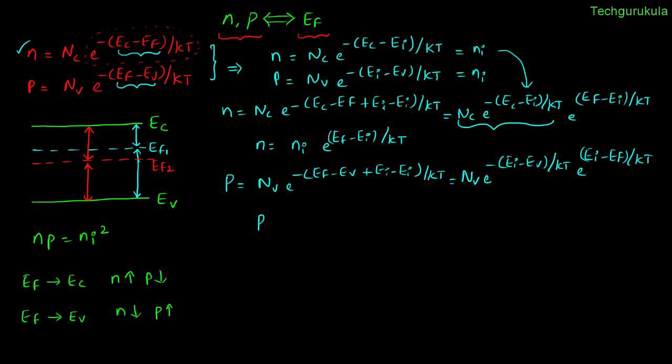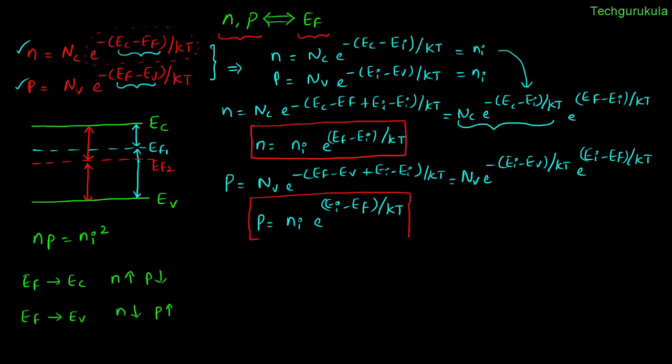And we can write this as p is equal to ni times e power (Ei minus Ef) over kT. So now, earlier we had the two expressions in terms of Ec, Ef and Ev, Ef, whereas here we have the electron and hole concentrations in terms of Ef and Ei.